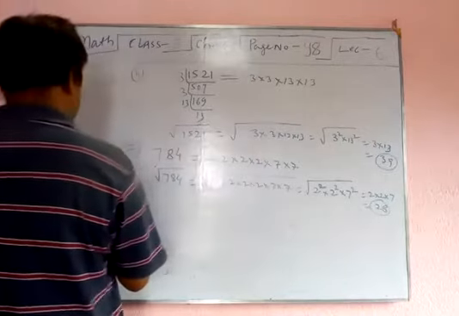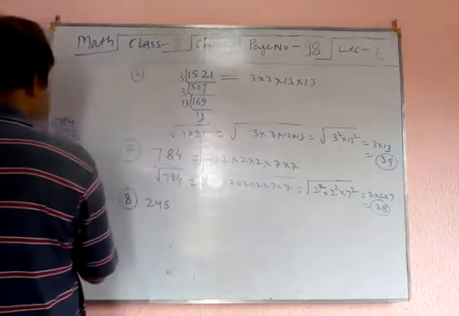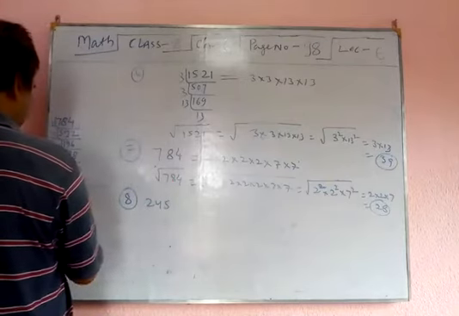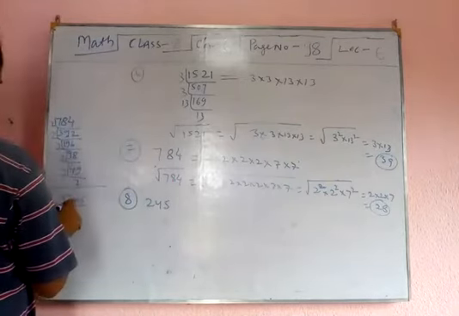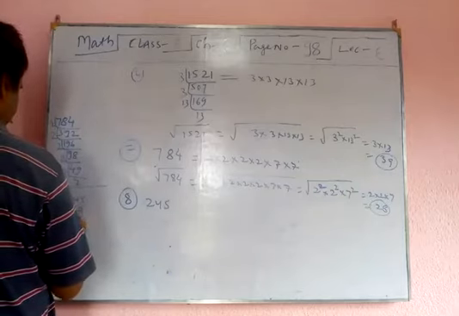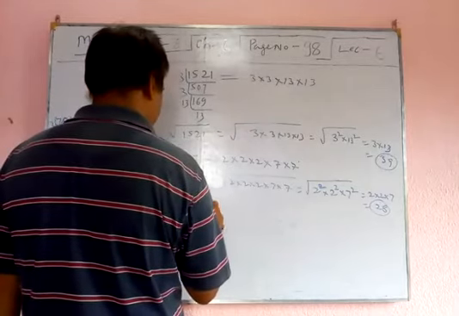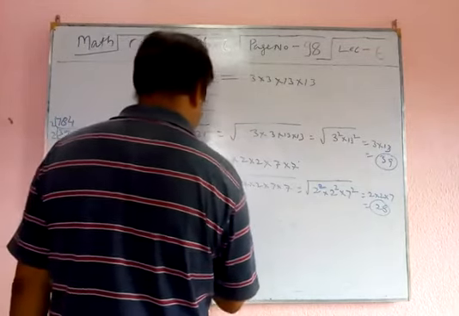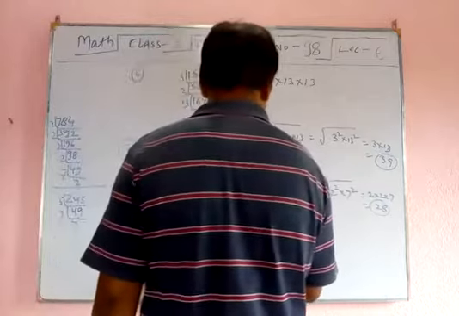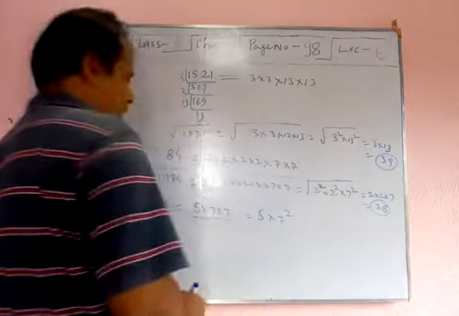Question number 8. 245. So 245 we will do here. 5. So 245 is equal to 5 into 7 into 7. Here we can see 5 is unpaired while 7 is paired.